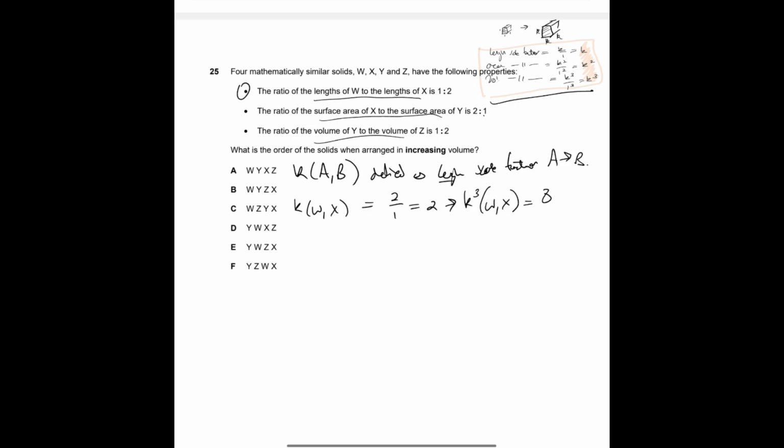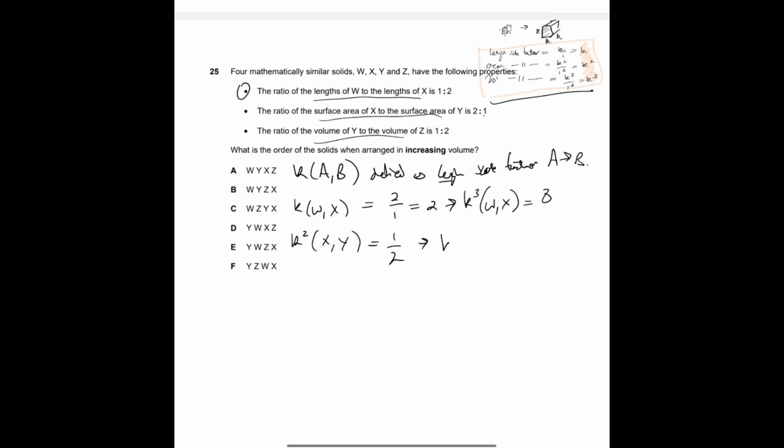Okay, and then the ratio of the surface area of X to the surface area of Y. So that means the area ratio, which is k squared from X to Y, is going to be 1 over 2.